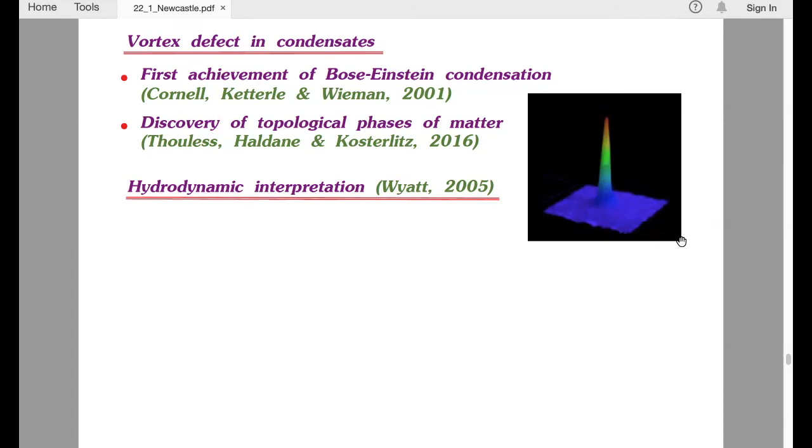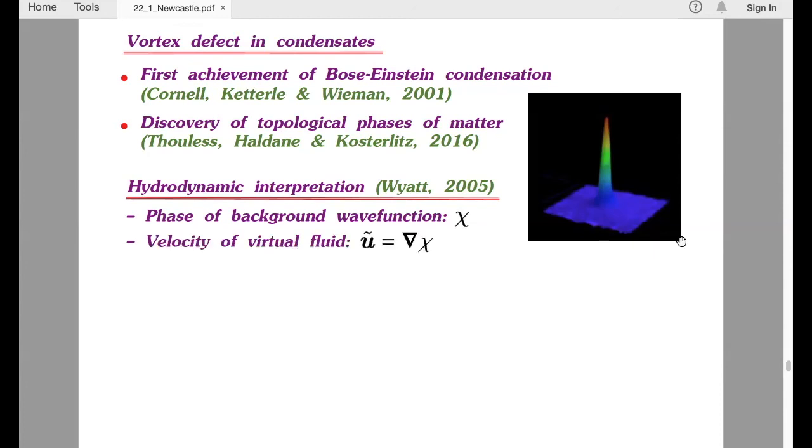Anyway, in the hydrodynamic interpretation, you have, of course, to deal with the phases. These phases are associated with the fundamental wave function of the nonlinear Schrödinger equation that governs, so to speak, the background wave function of the system. We call the phase chi in this case, and the hydrodynamic interpretation of the phase allows us to identify grad chi as a velocity of a virtual fluid.